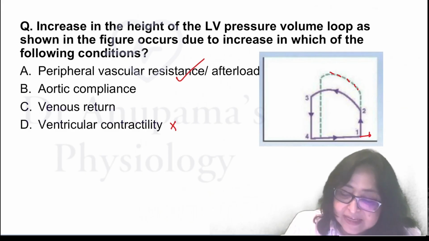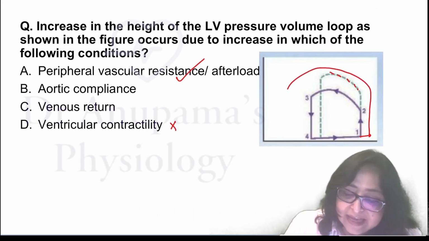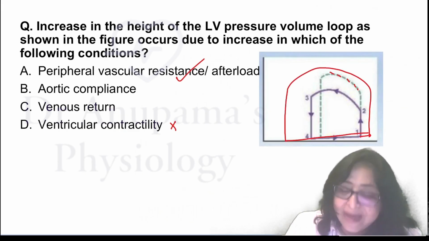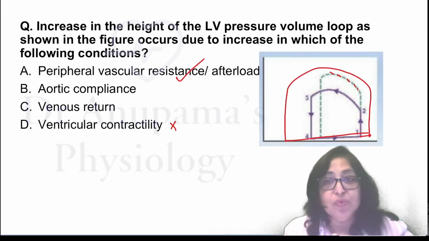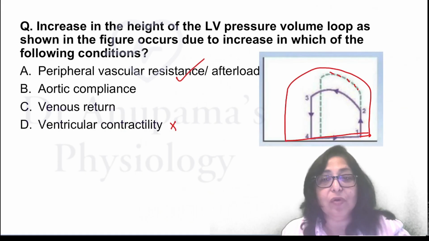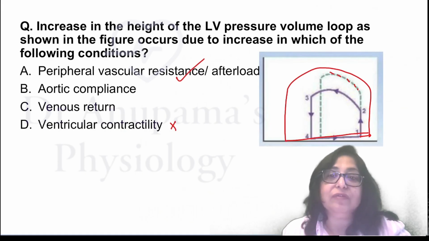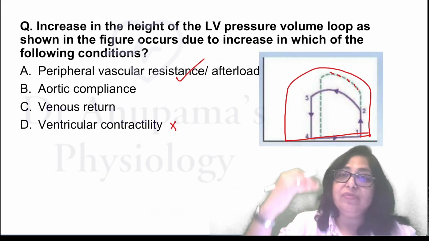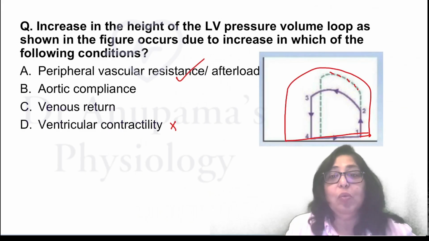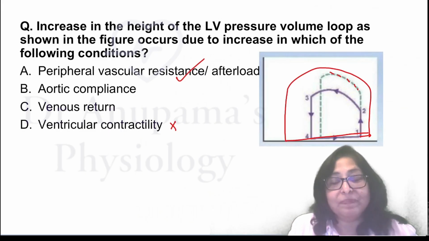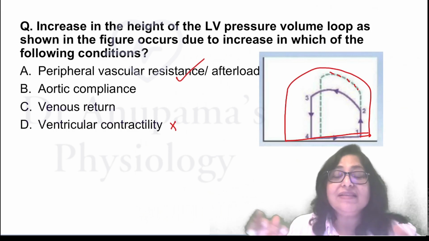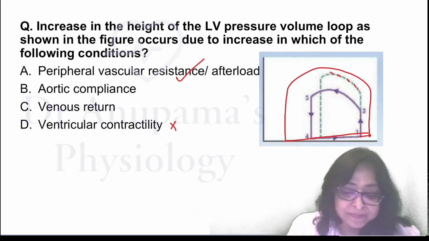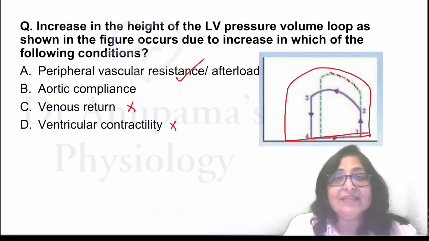So I get a tall and a wider loop, because you know that more the end diastolic volume, more will be the force of contraction of the ventricle, which is known as the Frank-Starling law. So there will be increase in the height as well as the width or the stroke volume. This is what you see during exercise, for instance, or an increased sympathetic discharge. So this is not the answer.